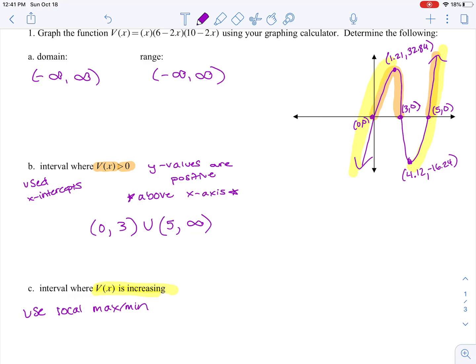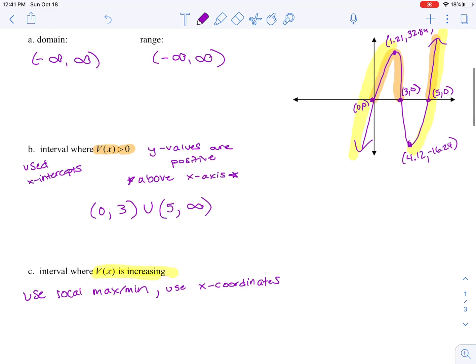So I'm using my local max and min, but I'm using x coordinates to describe the interval because we want to describe where or when, which would be the x values. So I am increasing forever from this direction, right? So that's all the way from negative infinity until we get to when x is 1.21.